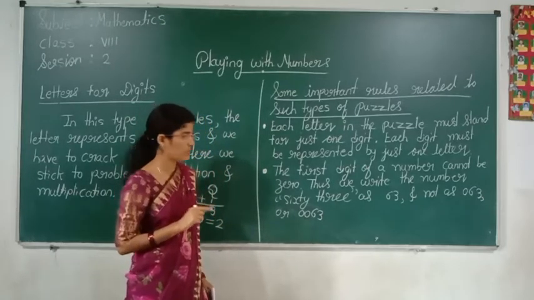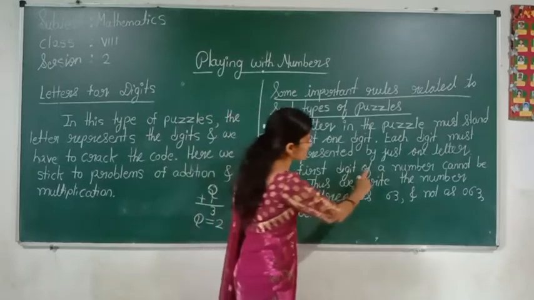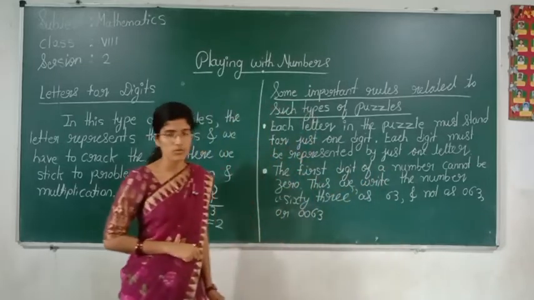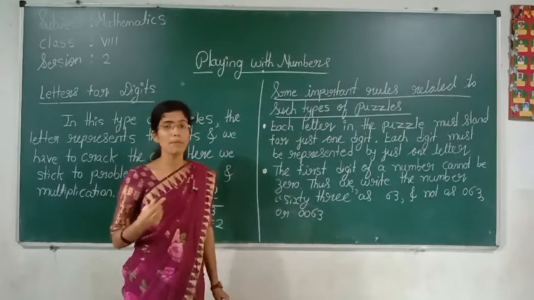This is the first rule. Second rule: the first digit of a number cannot be 0.